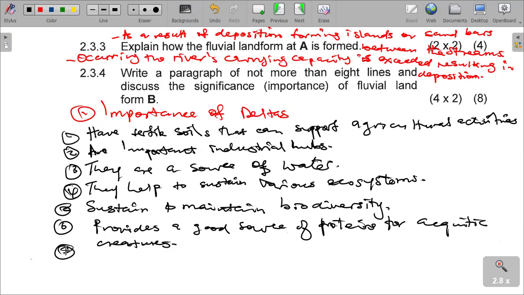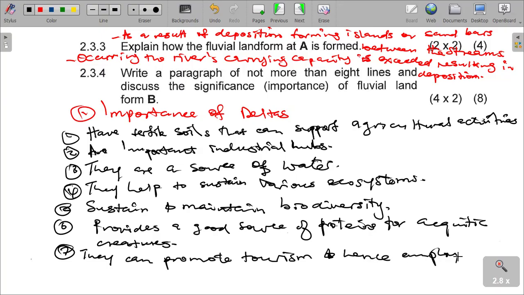Number 7, deltas can also promote tourism, and hence employment creation.